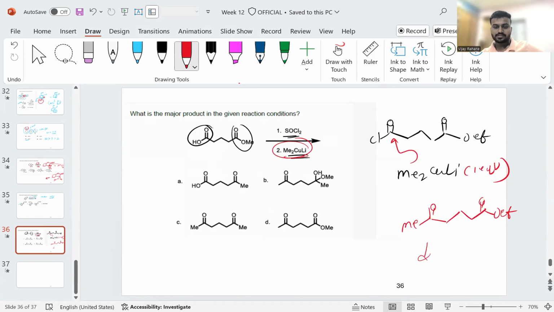Then we have the ester, so the ester can also get attacked by this methyl anion. There will be a first methyl addition, then a second addition, and this will be the OH.